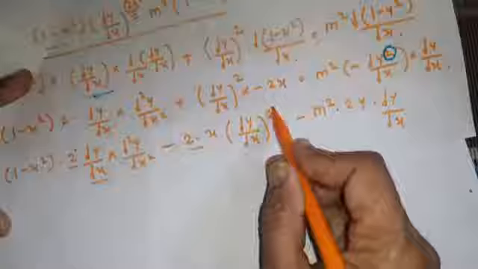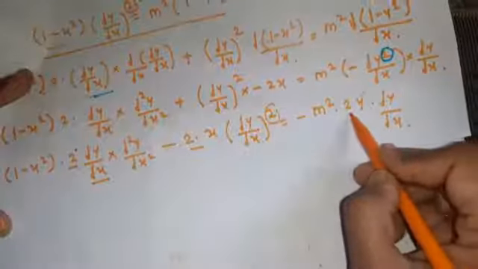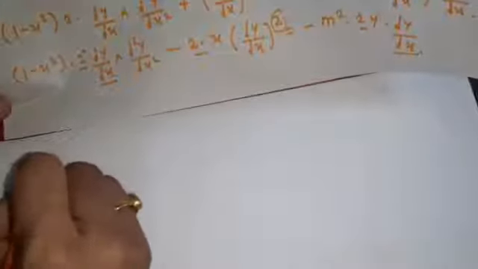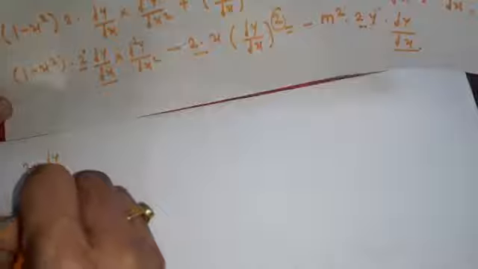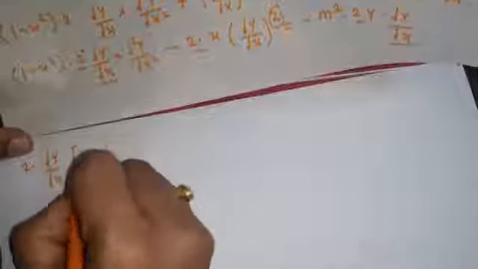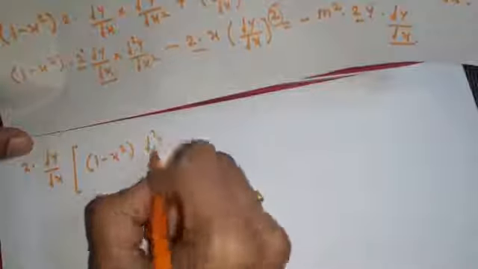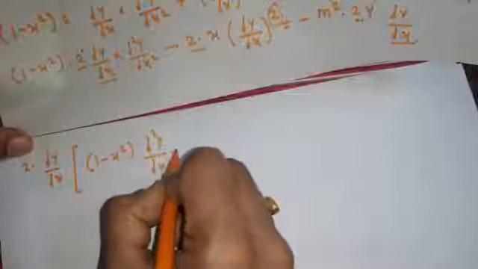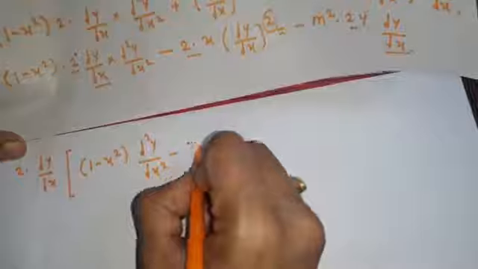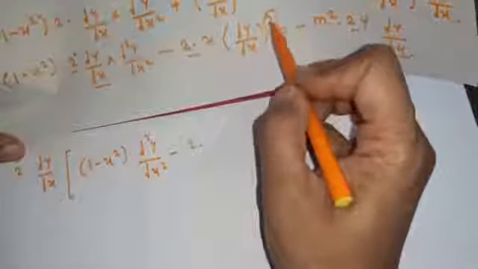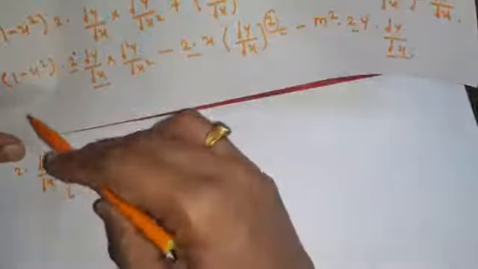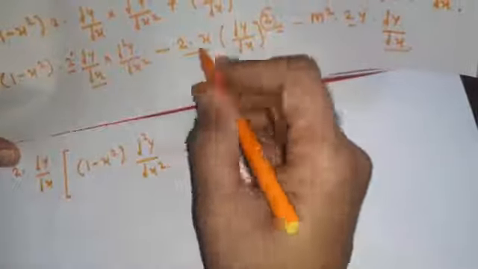2 dy by dx. And now we will get common out 2 into dy by dx. We get 1 minus x square d2y by dx square minus 2 into, so out of the square term the dy by dx is already common out, and the remaining term is 2 is also common out.